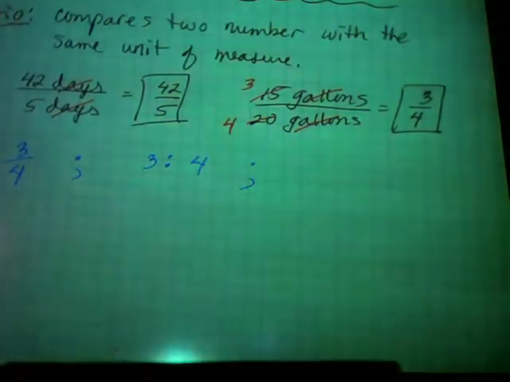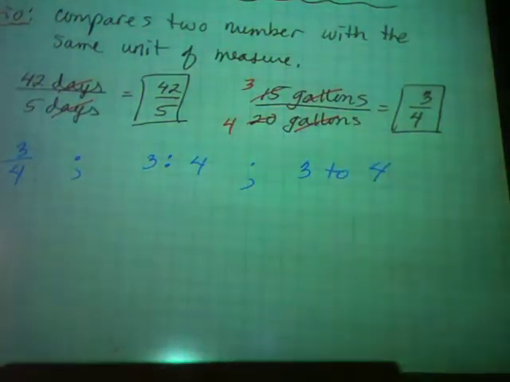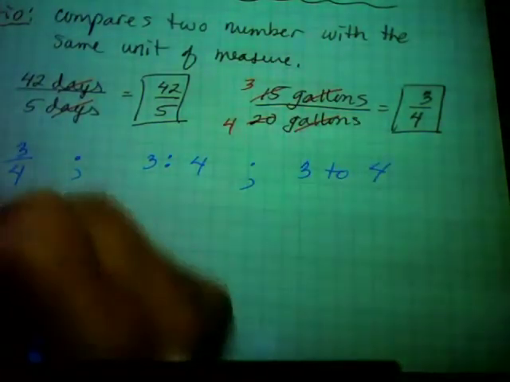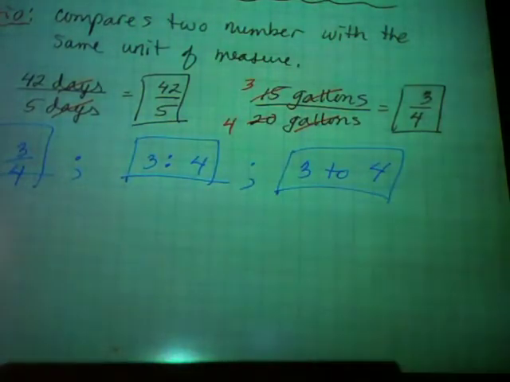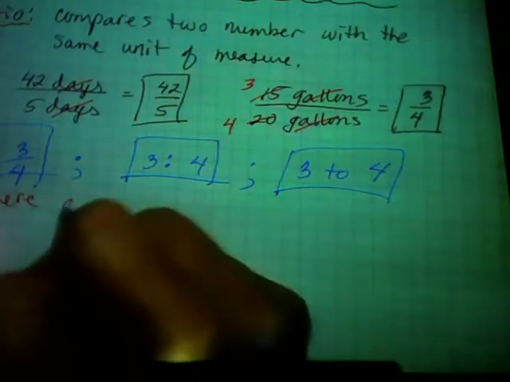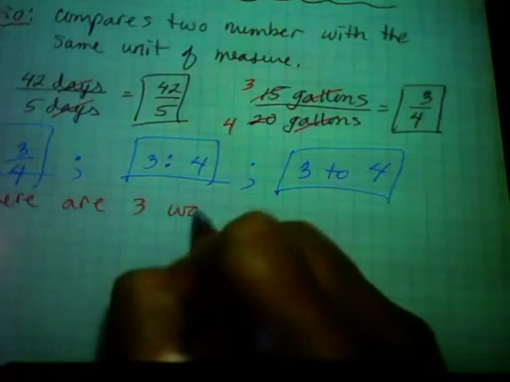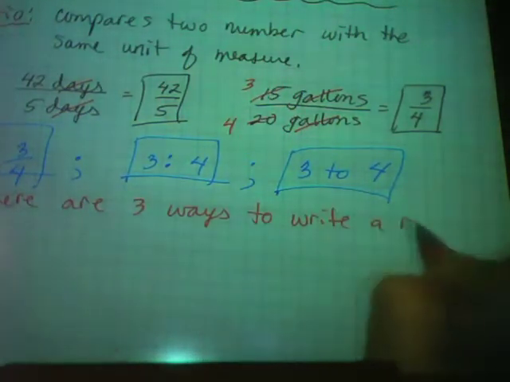And a third way? Haley? 3 with the word "to" and 4. So these are your 3 ways to write it. So note to self, there are 3 ways to write a ratio.